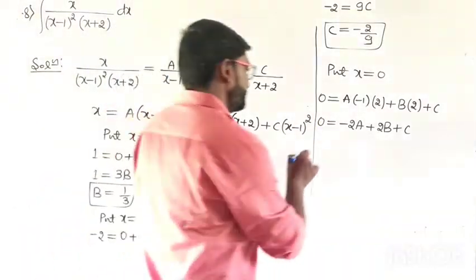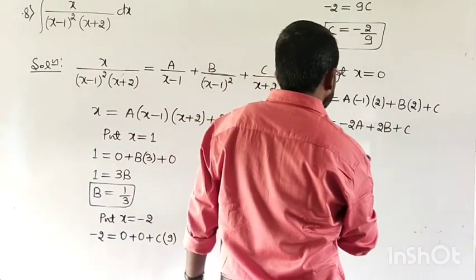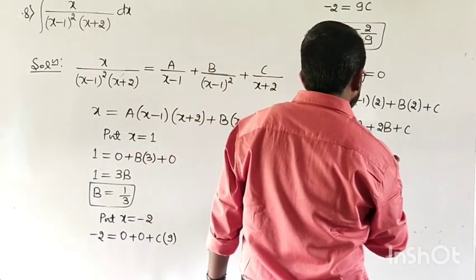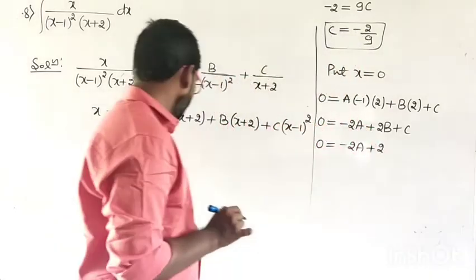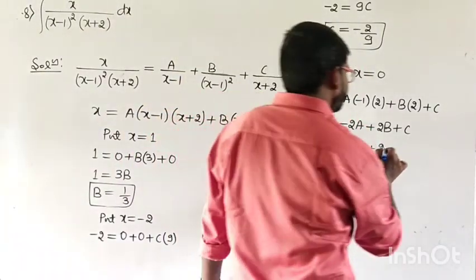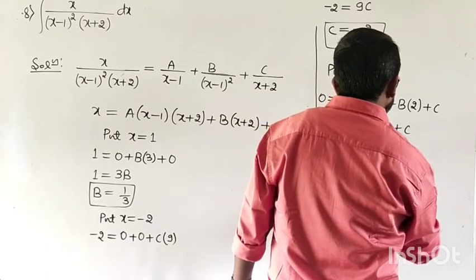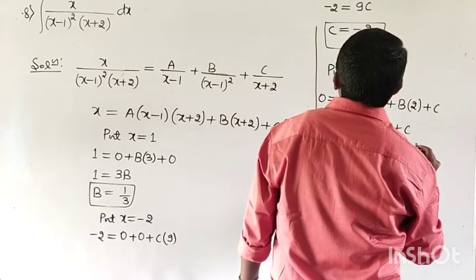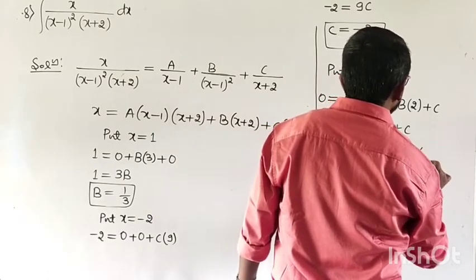Here we know the value of c and b. Let us substitute. 0 is equal to minus 2a plus 2 times b, b is 1 by 3, plus c, c is minus 2 by 9.